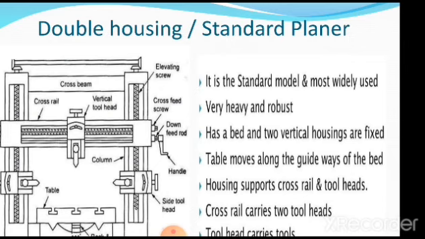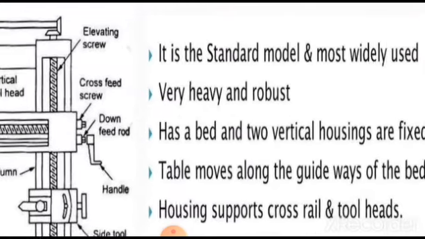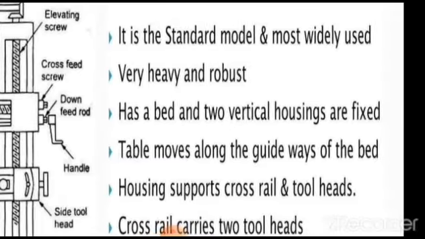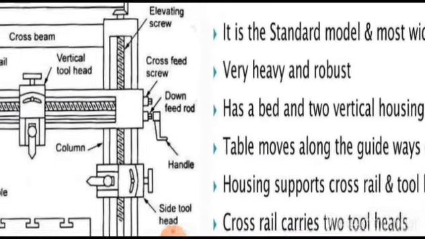The main application of this type of planer is the planing of heavy workpieces, because the machine itself is very robust, meaning very strong in construction. It has a bed and 2 vertical housings are fixed.